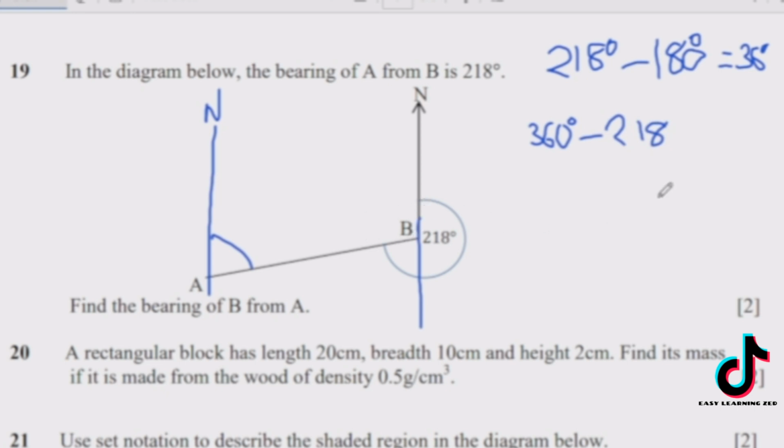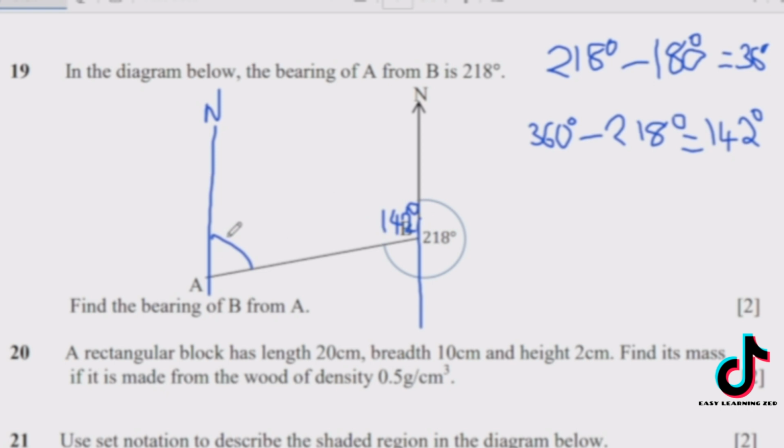When we subtract 360 degrees minus 218 degrees, it will give us 142 degrees. That will be the value of this angle. Now how can we use this angle here to get this angle?